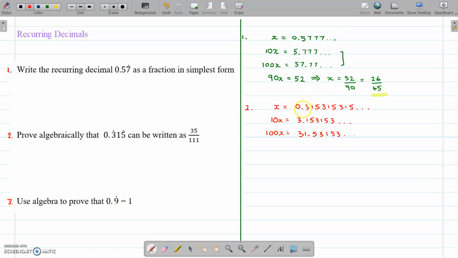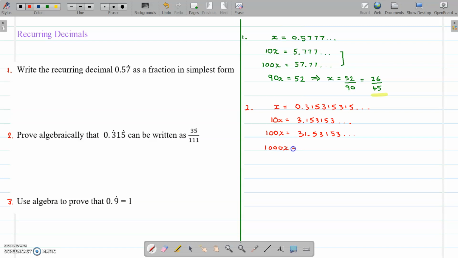After the decimal point in the first row we have 315, in the second row we have 153, and in the third row we have 531. None of them match, but in the fourth row we will find that something matches a previous row. And here we go.